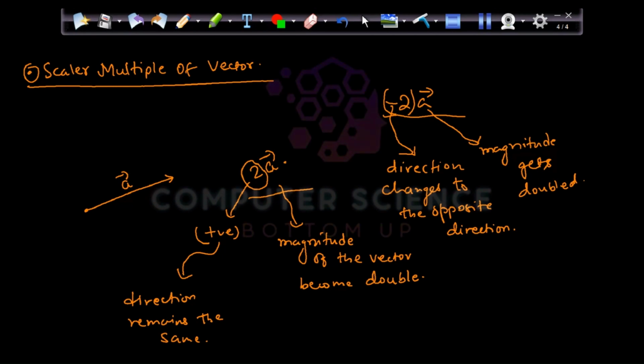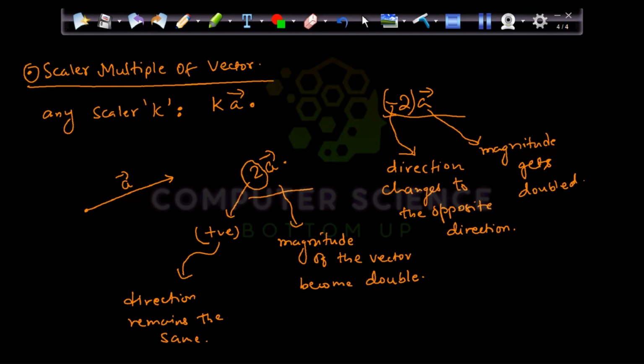Okay. So for any general k times a vector, if I take any scalar k, then what is k times a vector?